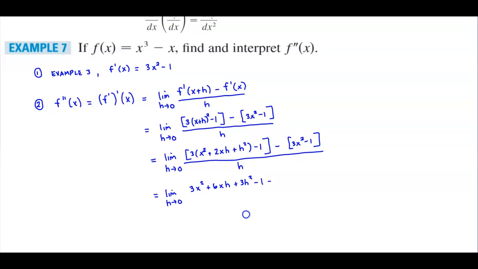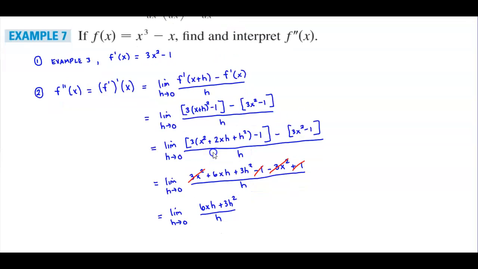And then distributing the minus sign, minus 3x squared plus 1, and then divide that by h. Now we can simplify the numerator: 3x squared minus 3x squared, and minus 1 plus 1. So what we have left is the limit as h approaches 0 of 6xh plus 3h squared divided by h.